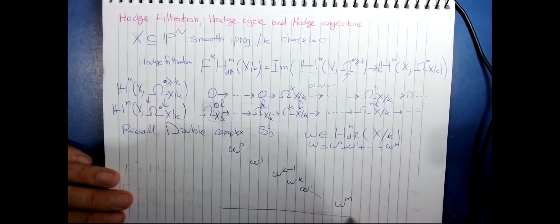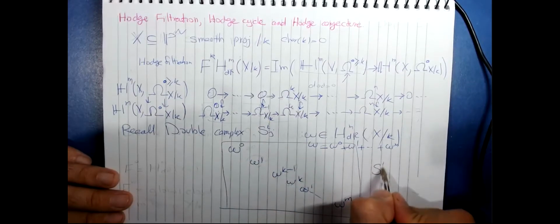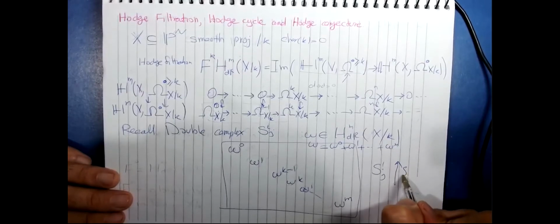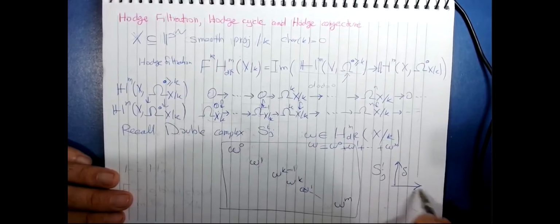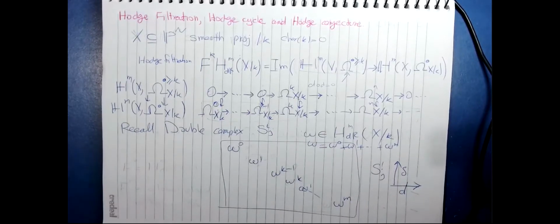Remember that this way of writing is in the double complex of Čech that I had. Going up was delta, going to the right was the usual differential of differential forms.